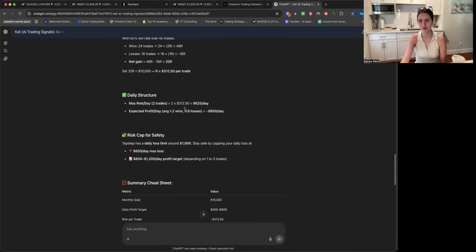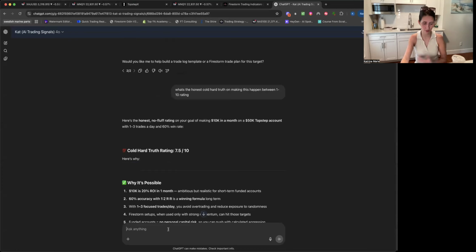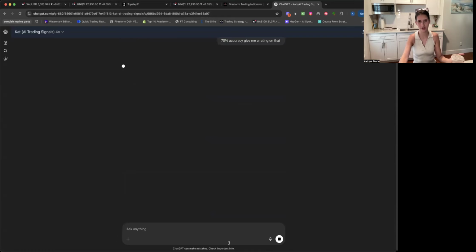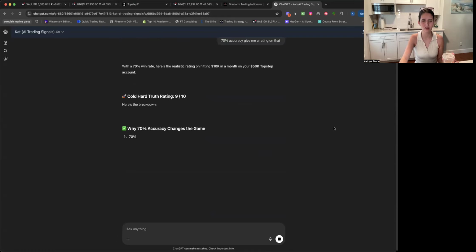But if you're taking the Firestorm indicators, you are literally scalping your way to take profit 1. Let's say your accuracy was 70%. Give me a rating on that. Taking 1 to 3 trades a day, 70% accuracy. 9 out of 10.